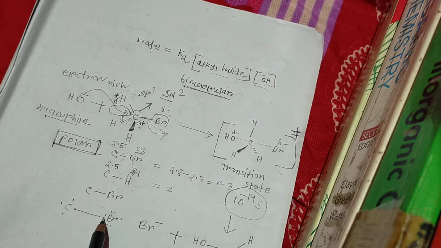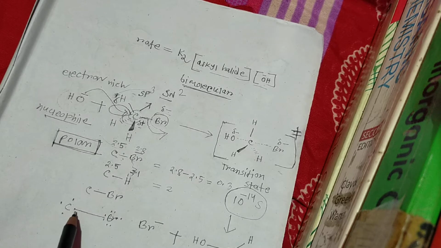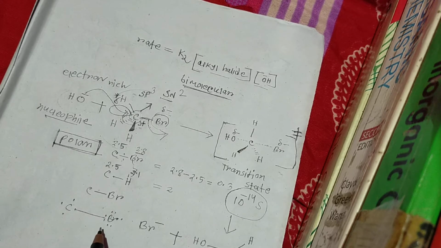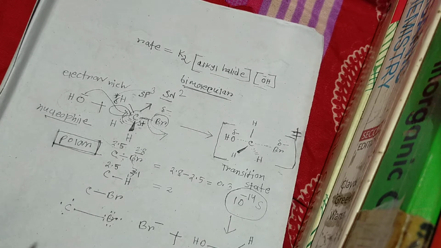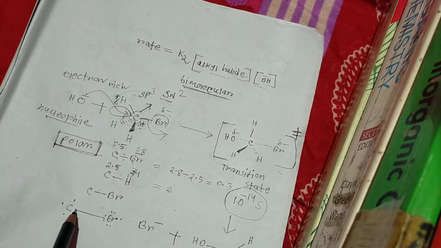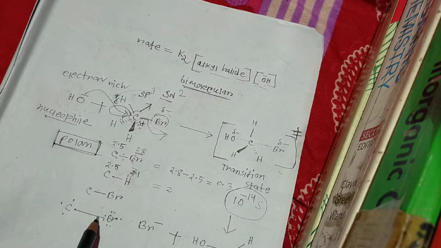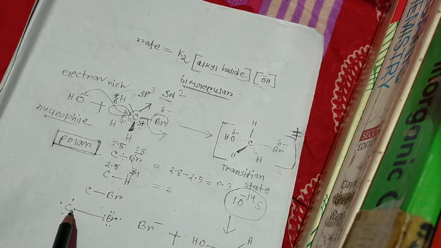Okay, so bromine is bonded to the carbon atom by sharing 1 electron. Both the carbon atom as well as the bromine atom share their valence electron, that is 1 electron shared with bromine, and bromine also shares with carbon.